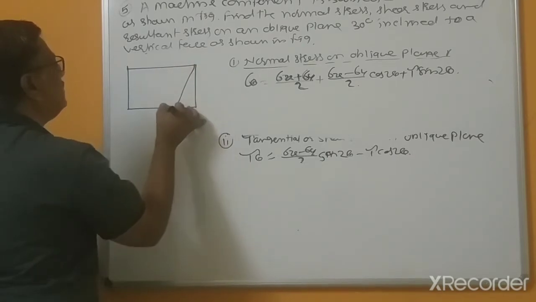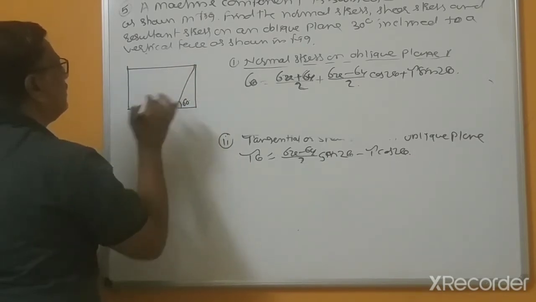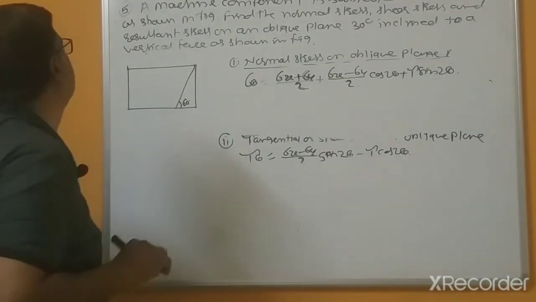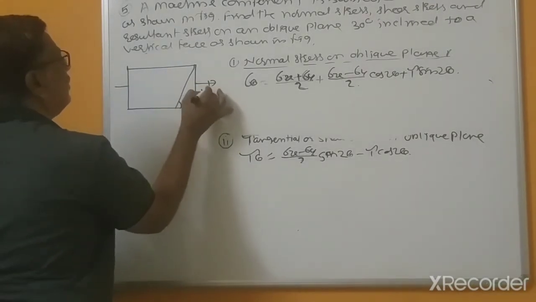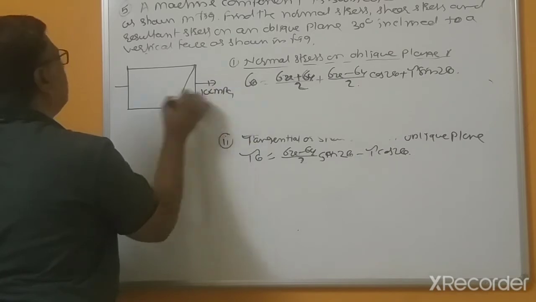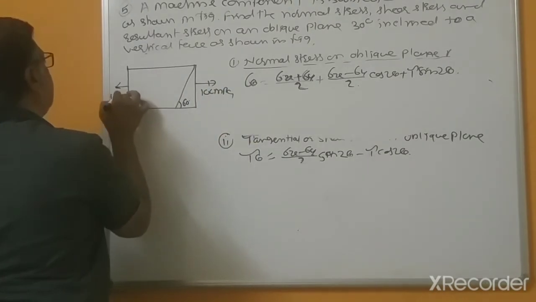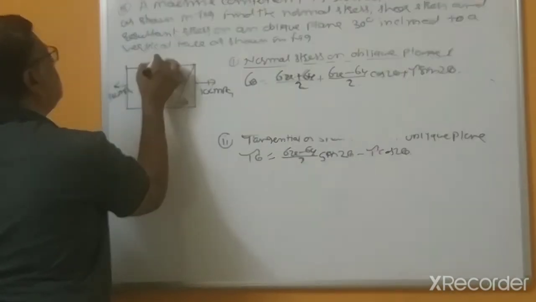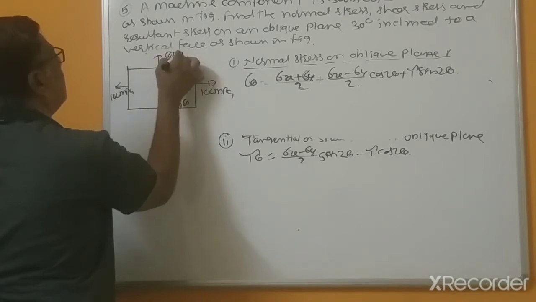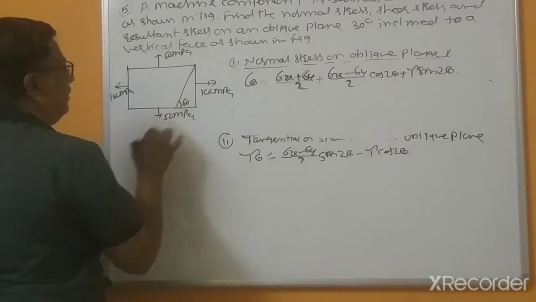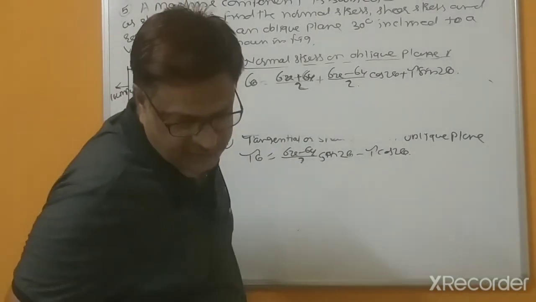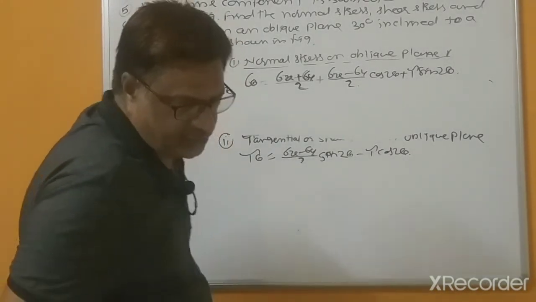So this angle is given, 60 degree. Rest of the things same, 100, this is 50, this is 50, and shear stress towards left side.